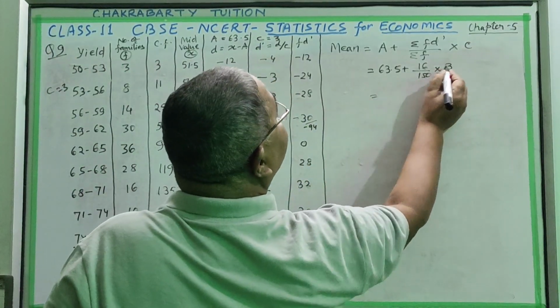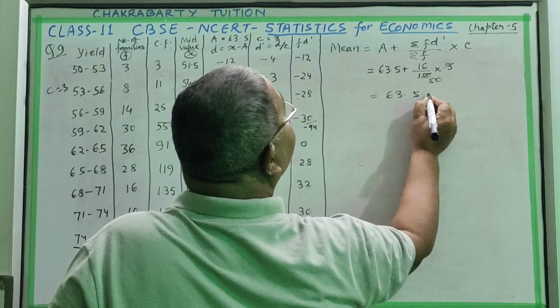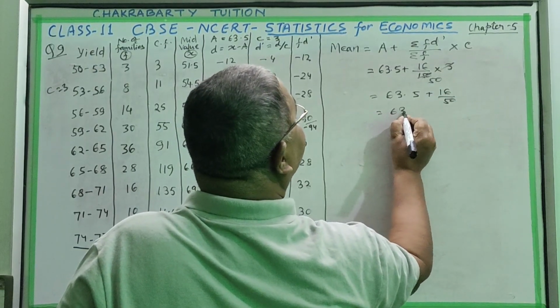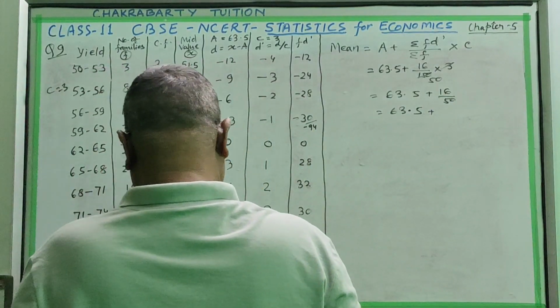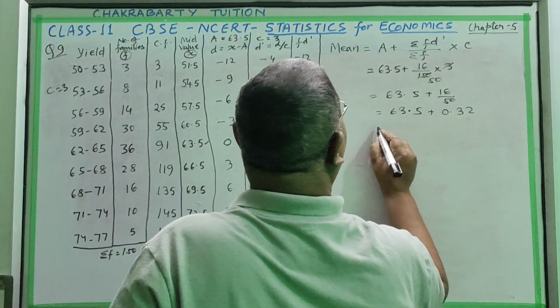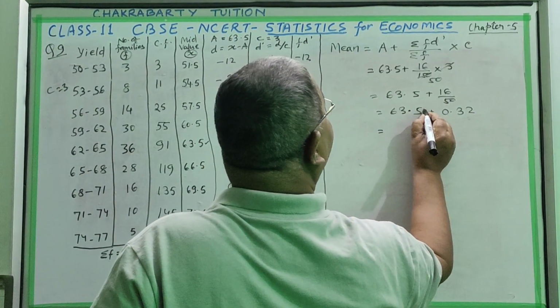So now we will solve: 3 by 150, 50 will come. So 63.5 plus 16 upon 50. We will divide 16 by 50. It will be 0.32. Okay, so here it will come. You can make 10 here.